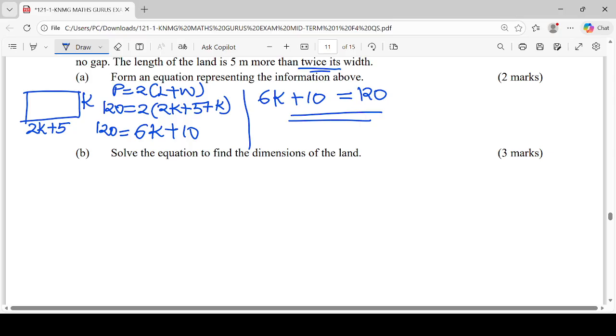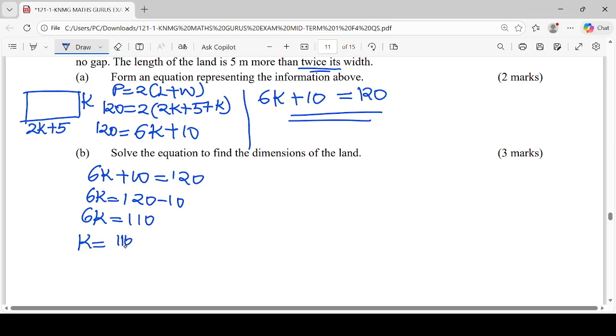So the equation we have here is 6K plus 10 is equal to 120. What you do here, you collect like terms. So 6K will be equal to 120 minus 10, so 6K will be equal to 110. Then the value of K will be obtained by taking 110 divided by 6.